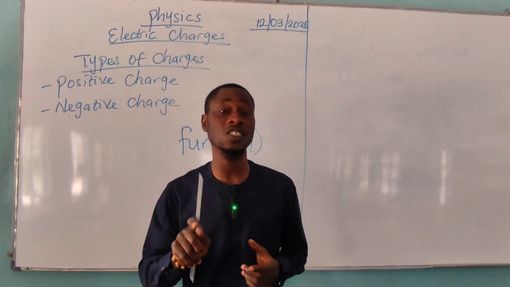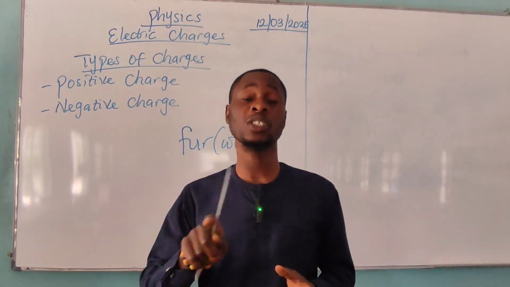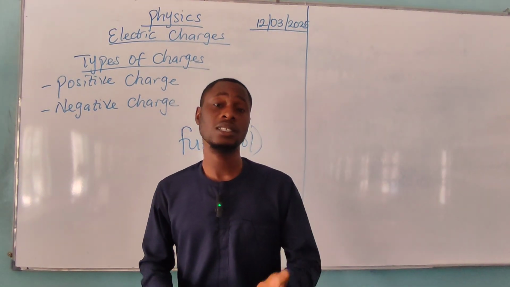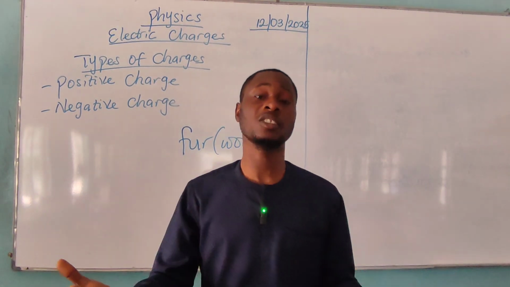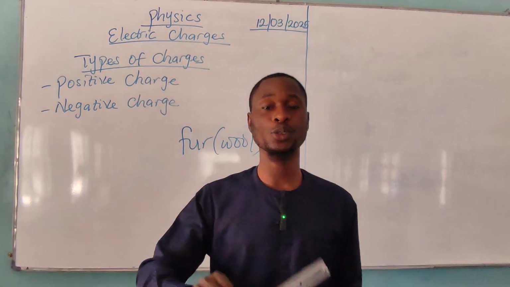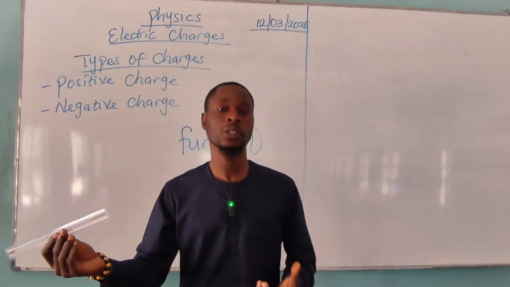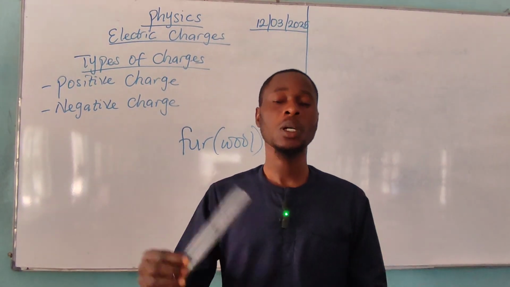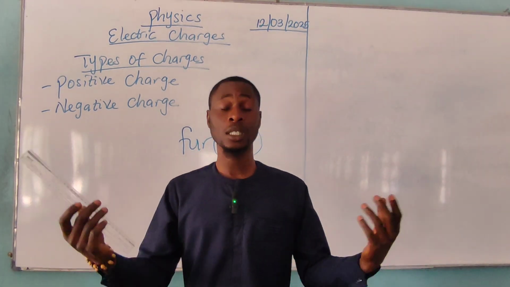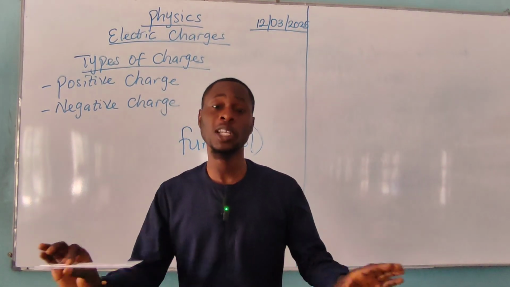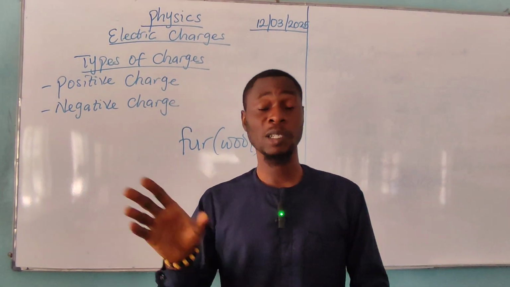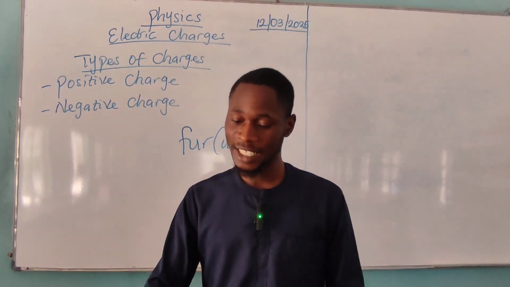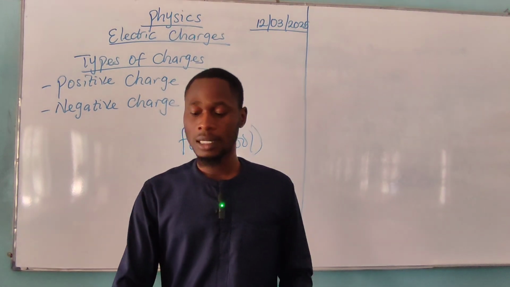So that is why the ebonite rod becomes negatively charged, whereas the fur, since it has lost some of its electrons to the ebonite rod, becomes positively charged. So that is how this simple experiment lets you produce your positive charge and also your negative charge. All right.